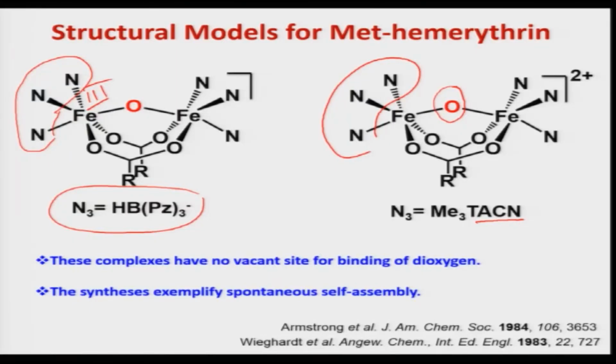So, we have been discussing various dioxygen carrying proteins in biology. Today, we have discussed 2 such oxygen carrying proteins, hemocyanin and hemerythrin, in great detail. They contain dicopper and diiron centers in their active sites.